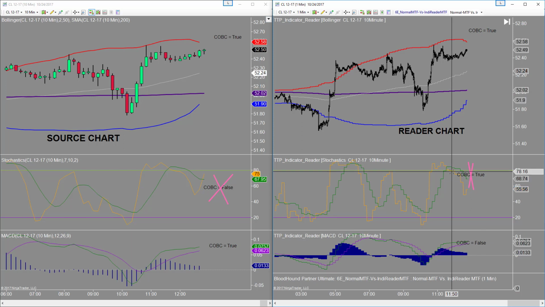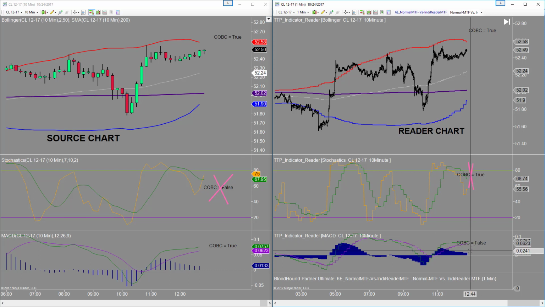That works fine. So if I set this stochastics to calculate on bar close false, it would read the current value properly. So they can both be set to true, they can both be set to false, but the only combination that works where they're different, where one is false and one is true, is when the indicator reader is false.